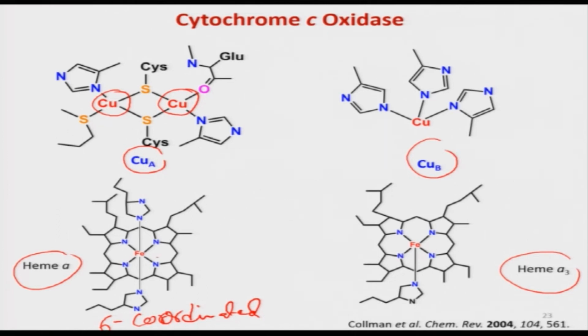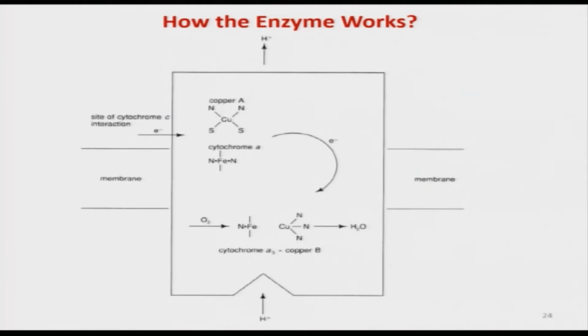So, heme A is actually responsible for electron transfer, because it is already coordination number 6. Dioxygen cannot bind over here, but heme A3 is a 5 coordinate iron center, where dioxygen or other species can come and bind in. So, let us look very carefully at how this enzyme works.